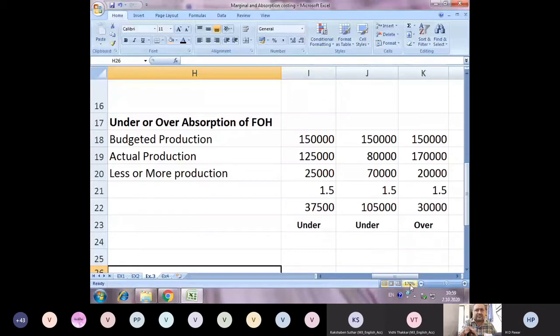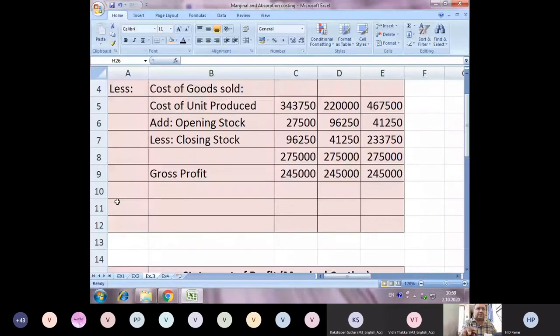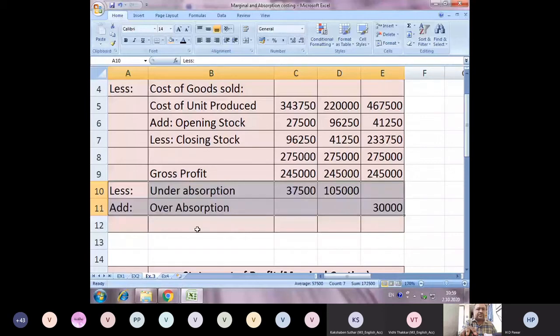And this under absorption and over absorption we will show here. Clear? And after this under absorption and over absorption, you have net profit.